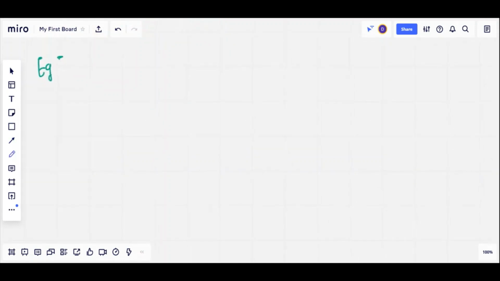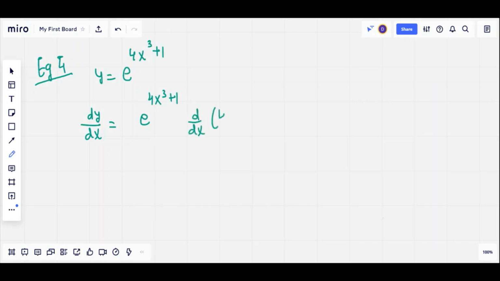Let's talk about example 4. We have y equals e raised to the power 4x cube plus 1. Again, chain rule. So we have e raised to the power something, differentiation of e raised to the power something. Then using the chain rule, we go d over dx of the power, which is 4x cube plus 1.